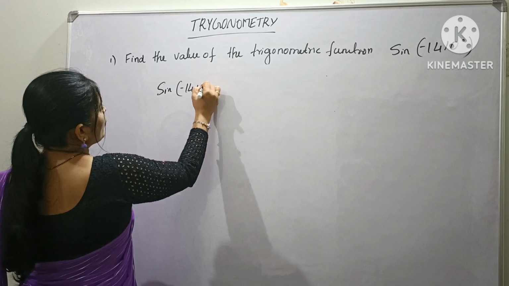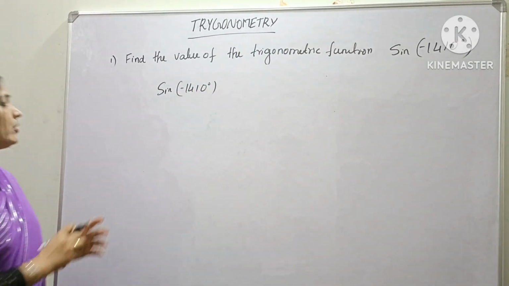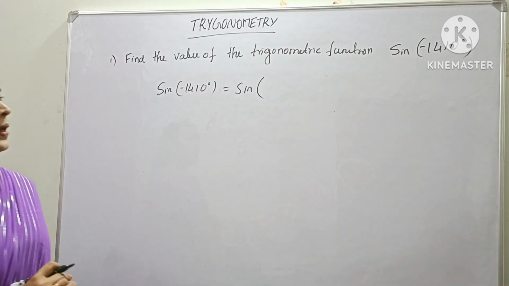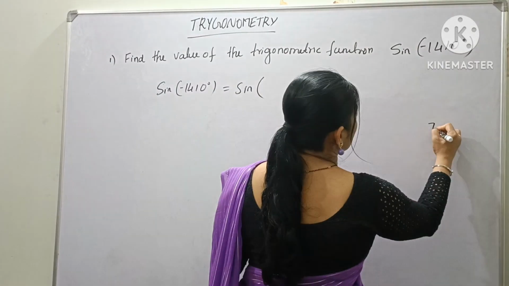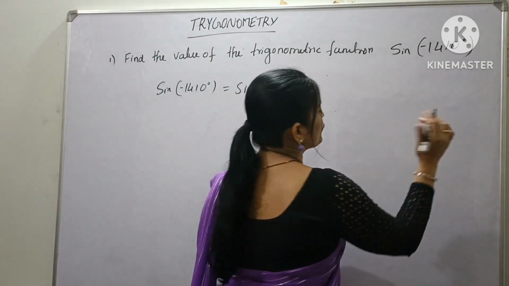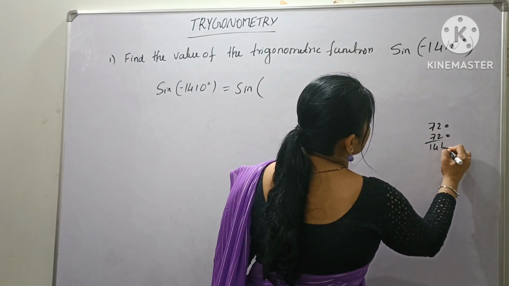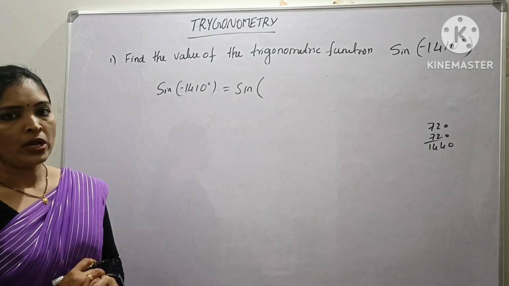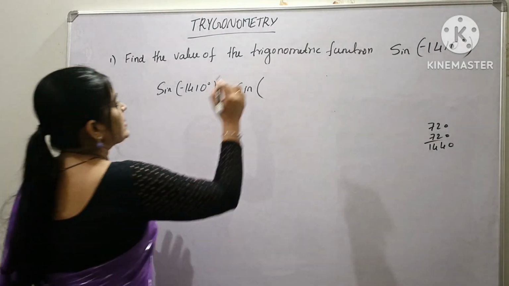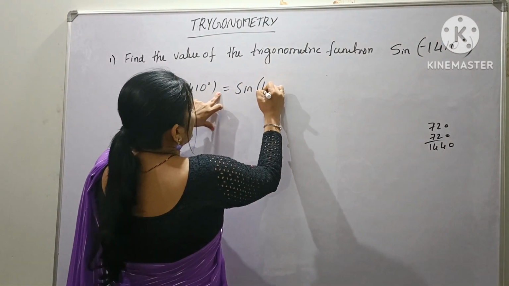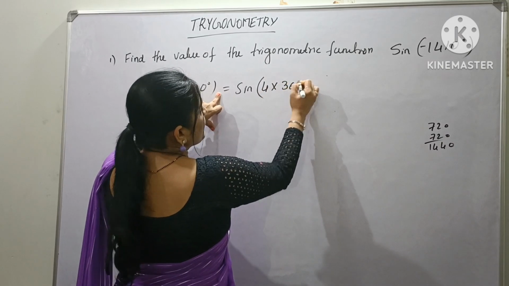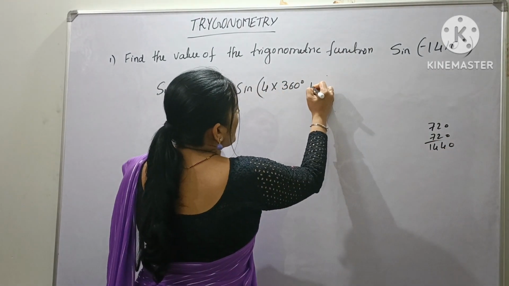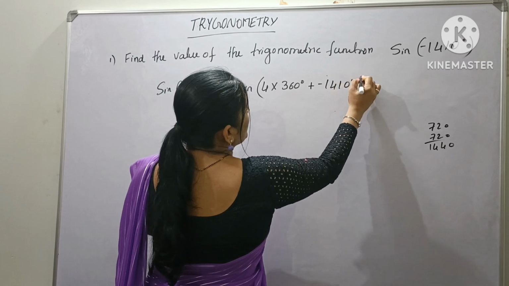Sine minus 1410 degree is equal to sine of, we know that 720 plus 720, 720 is 360 into 2, 360 into 4 is nothing but 720 plus 720, that is 1440. So it is close to 1410. Now we can write it as 4 into 360 degree, that is 1440, plus minus 1410 degree.